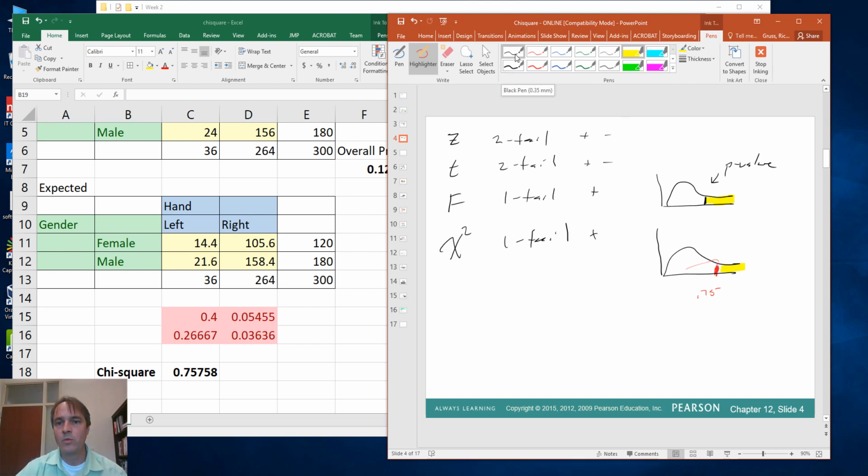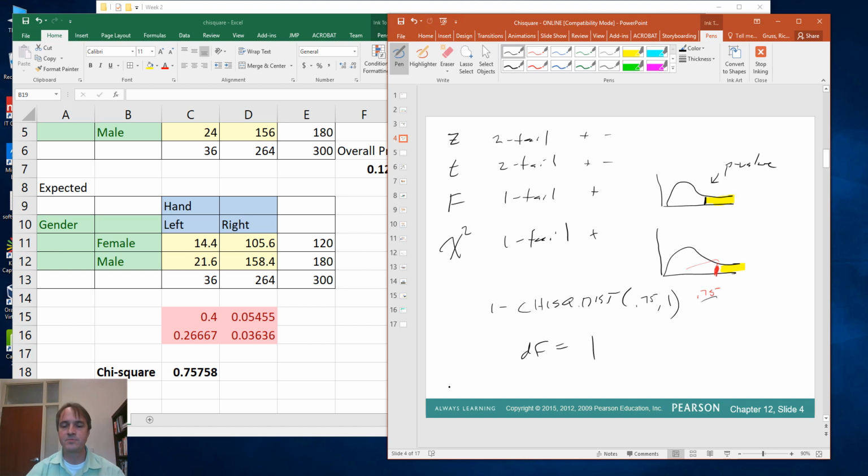Okay, so we want to find the p-value corresponding to this 0.75, and remember that we do this with 1 minus the chi-squared dist. Okay, and then we put in our value, in this case 0.75, and then we need to do our degrees of freedom. And when we're doing the chi-square test of independence, degrees of freedom is always equal to 1. Okay, so I'm going to write this fact here.